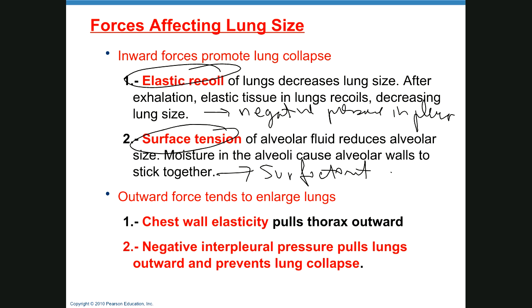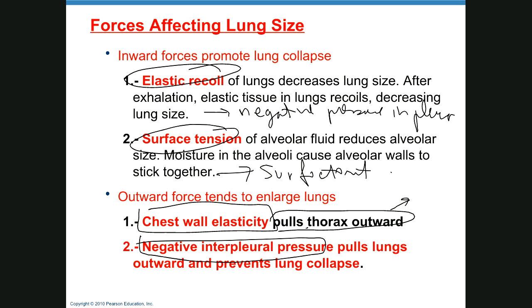Okay, so another thing that helps prevent lung collapse is that the thorax is going to pull outward. The muscles are going to be pulling it outward, especially when we breathe in. So the chest wall elasticity, a negative pressure in the pleura, and surfactant are the factors that prevent lung collapse.